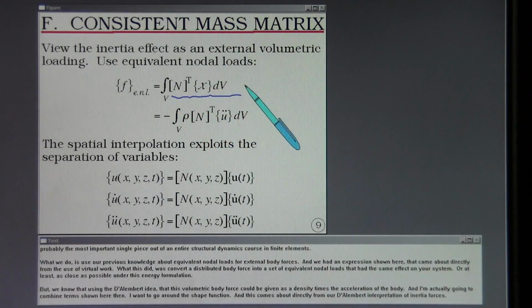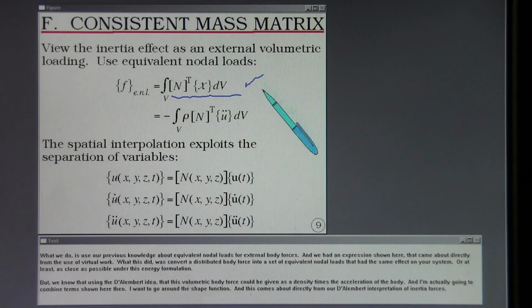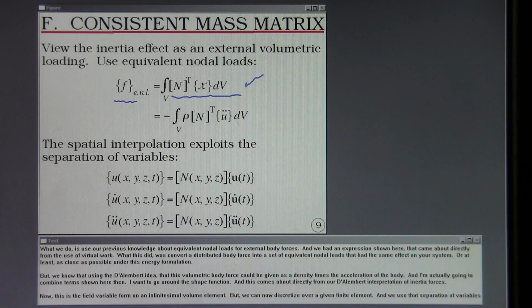And we had an expression shown here that came about directly from the use of virtual work. What this did was convert a distributed body force into a set of equivalent nodal loads that had the same effect on your system, or at least as close as possible under this energy formulation.